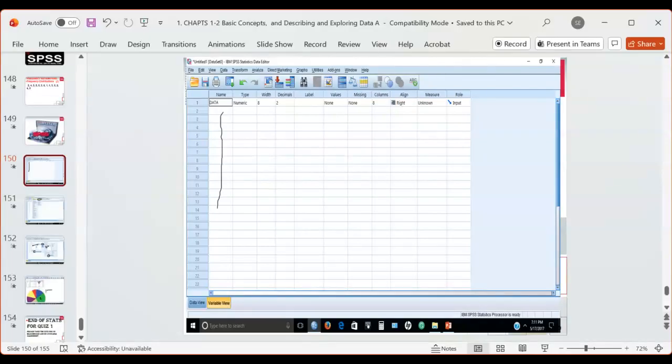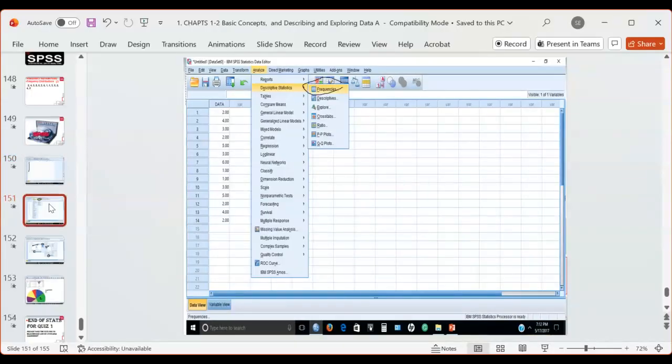Then you click on, at the bottom left, data view, because you want to type in or input your data. You'll see that variable, data, on top. And then you type in your data like I did. You see those numbers? I typed them in. And you type in yours.